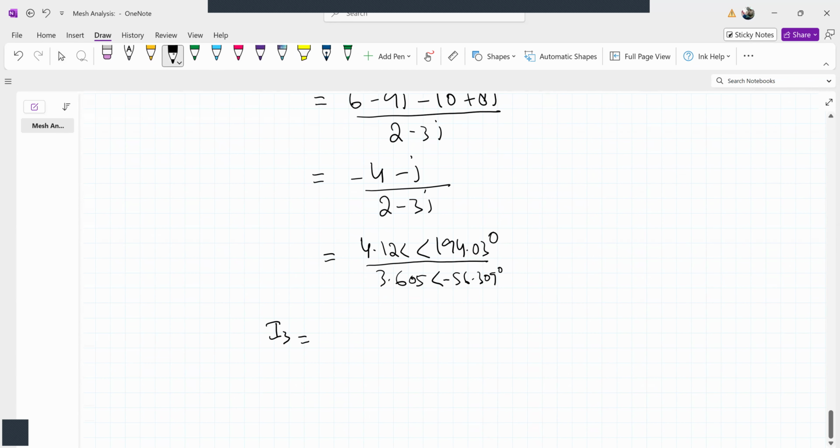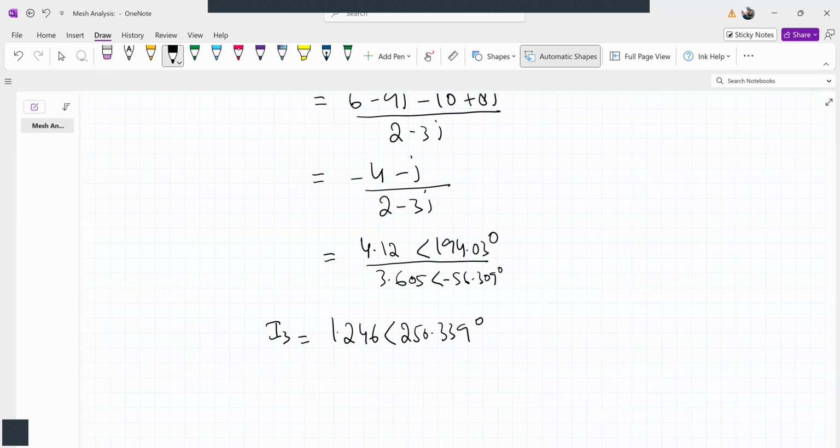So what will be I1? I1 is simply 4.12 divided by 3.605, which comes out to be 1.246 at an angle of 194.03 plus 56.309, that is 250.339 degrees.